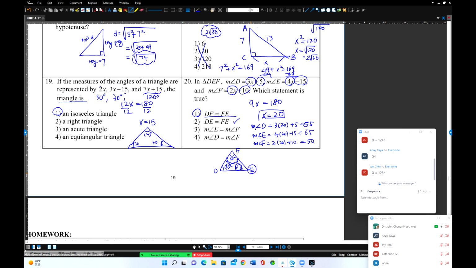No, angle E equals angle D, right? But something is wrong here, okay? I think I'm going to check this one. DE equals FE, right? DE is not equal to FE, that's correct. DF and FE, these two sides are equal, okay? This is isosceles, okay?